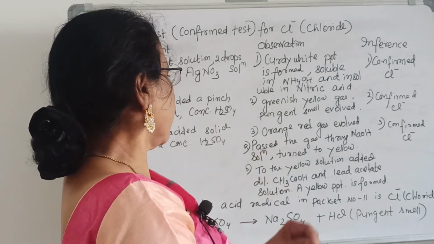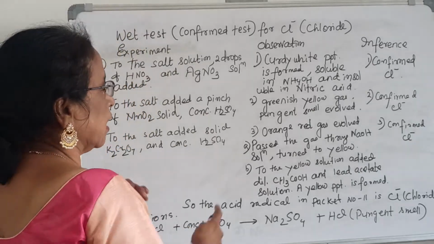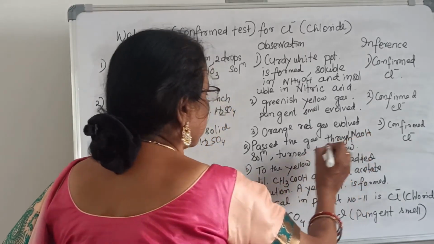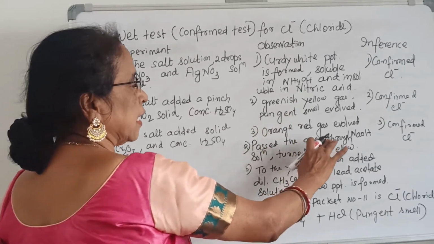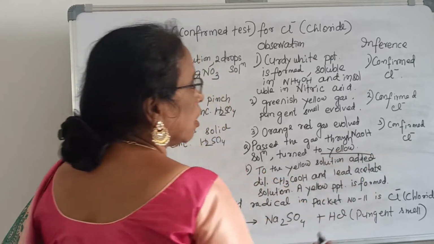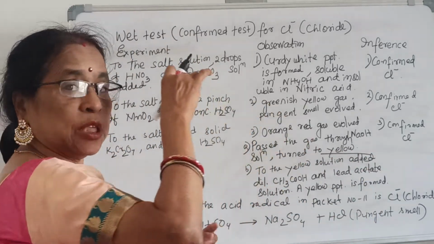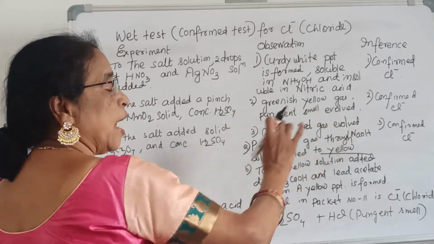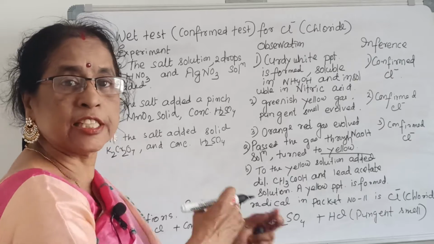Orange red gas evolves, and that is passed through sodium hydroxide solution. Now the orange red gas evolves, and passing the gas through the NaOH solution turns it yellow. That is very important. When the gas is passed into the sodium hydroxide solution, it gives a yellow color.